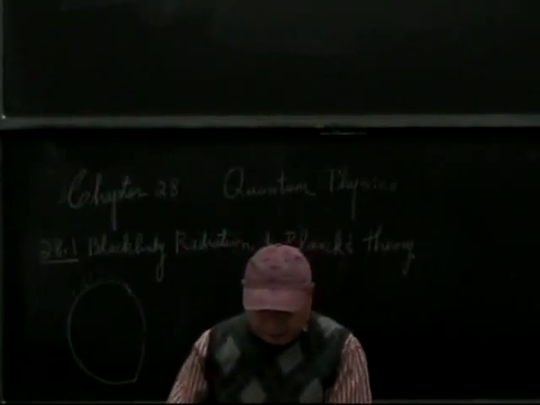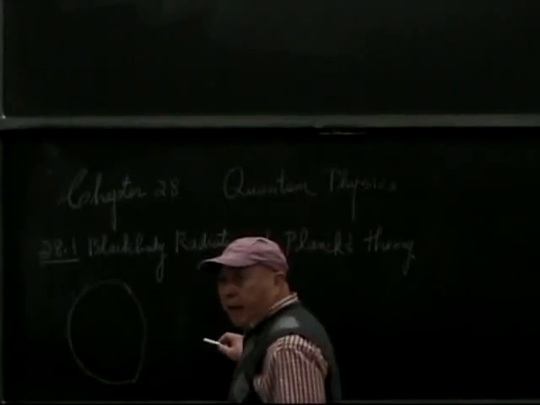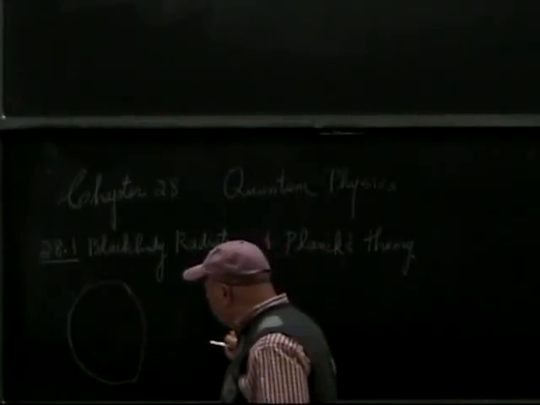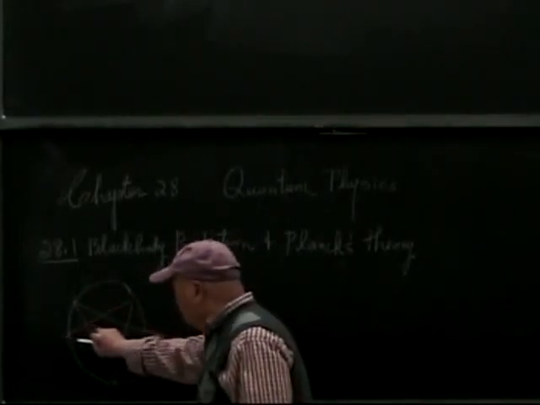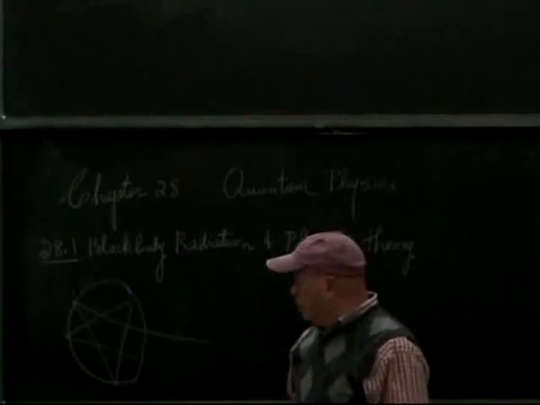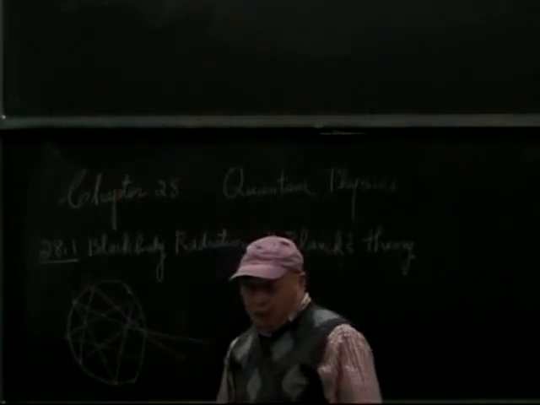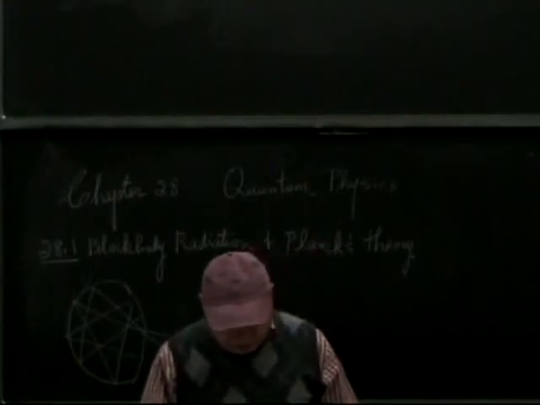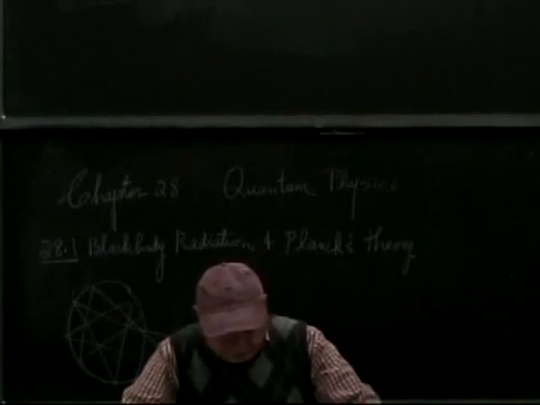This particular black body has a tiny hole in it. Any light coming in will be captured and cannot escape. This feature is considered a black body.